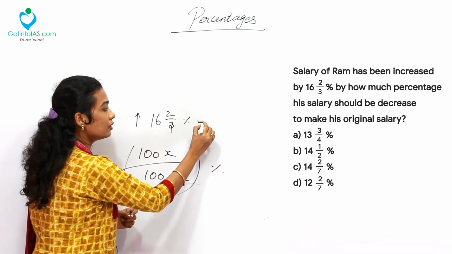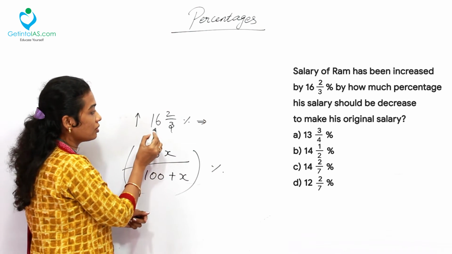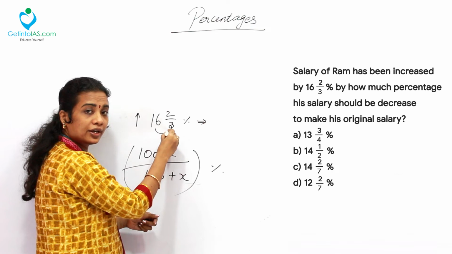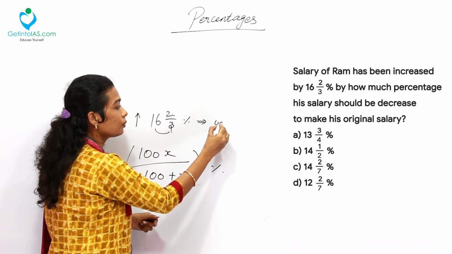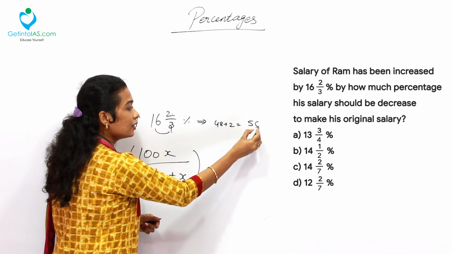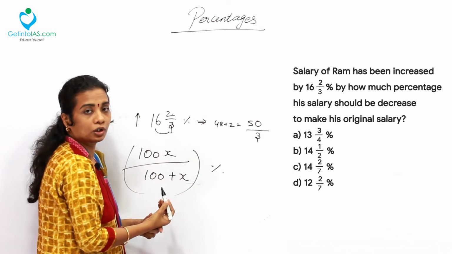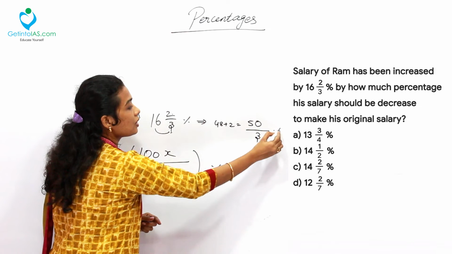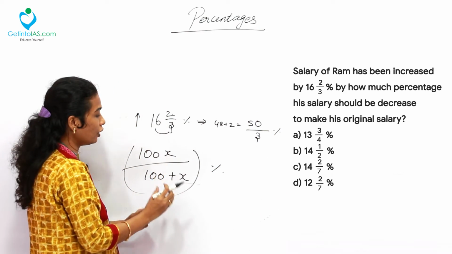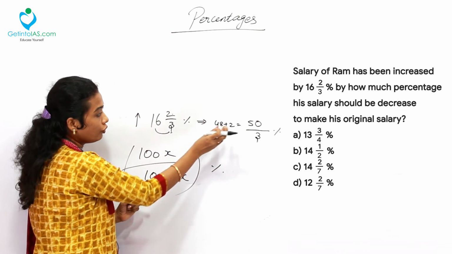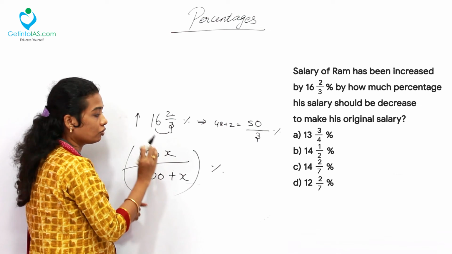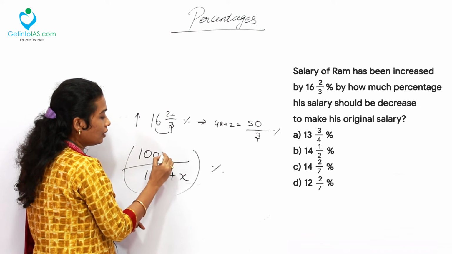First you can convert this into an improper fraction. 16 into 3, 48. 48 plus 2, 50. That is the numerator. What is the denominator? 3. That has to be written over here. 50 by 3%. That is the improper fraction value. Instead of x, now you can substitute 50 by 3. So I am writing 100 into x, right?